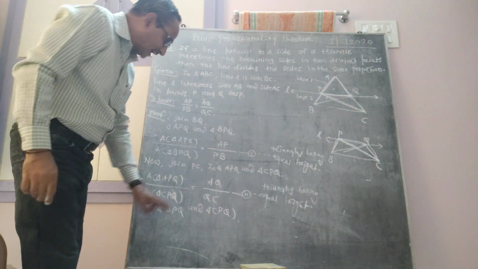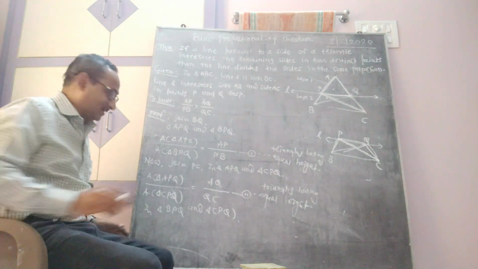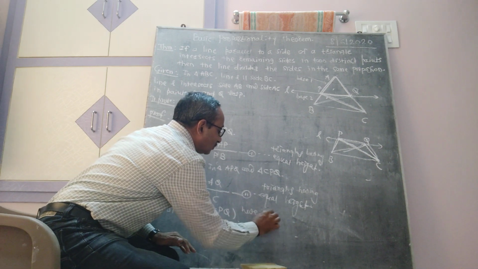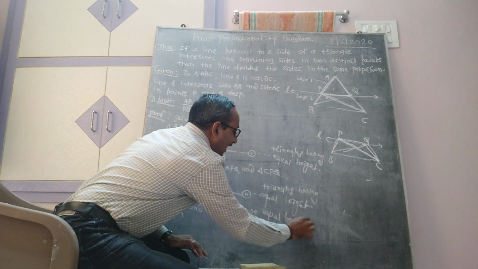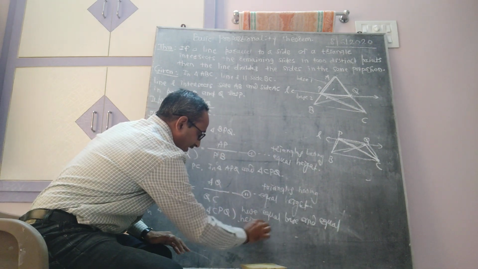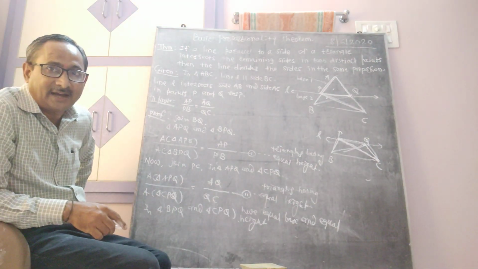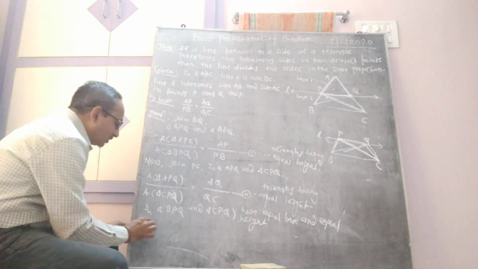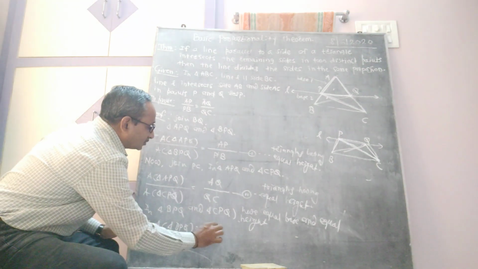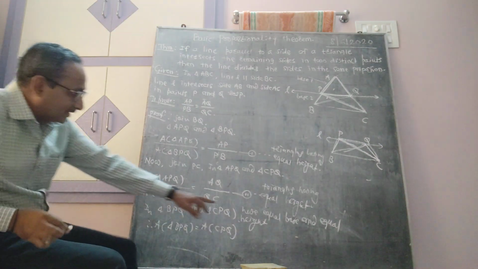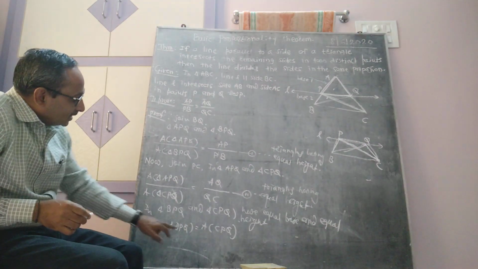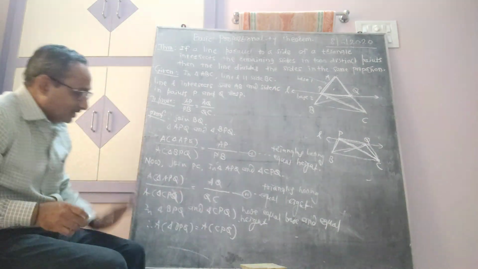Meaning these two triangles have equal base and equal height. And when two triangles have equal base and equal height, their areas are also equal. And so area of triangle BPQ is equal to area of triangle CPQ. We also write here: they are situated between two parallel lines, and so their areas are equal.